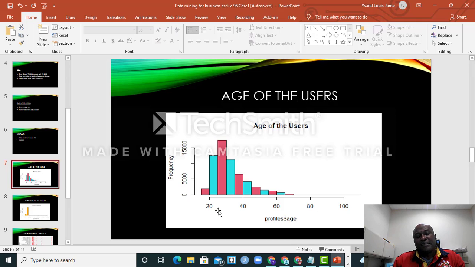I noticed that it was a relatively young crowd. As you may see, my peak here lands around the 30s, people in their 30s. We have a few outliers, but they're not very significant. We can say we got a very young crowd.